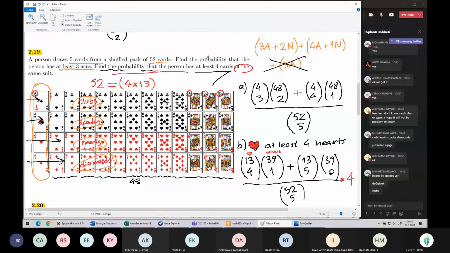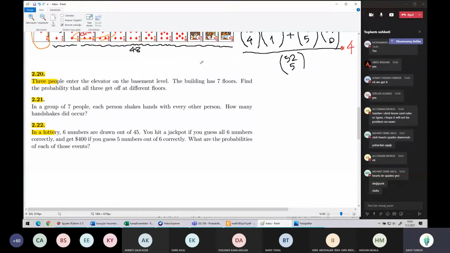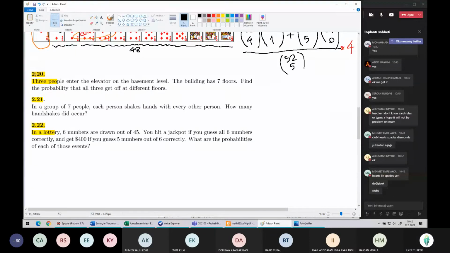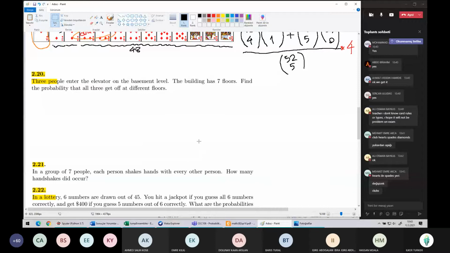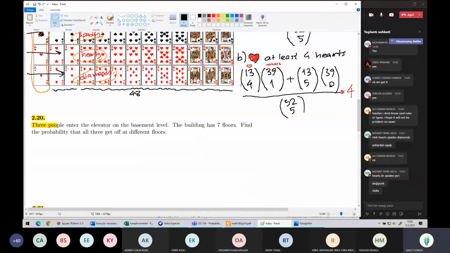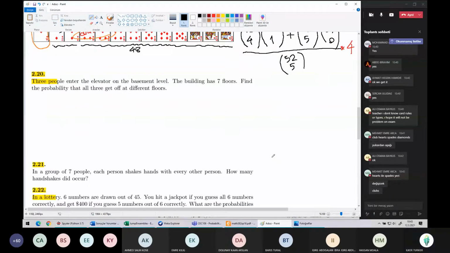Yes. Next question. Three people enter the elevator on the basement level. The building has 7 floors. There is a basement level and we have 7 floors: floor 1, 2, 3, 4, 5, 6, and 7.